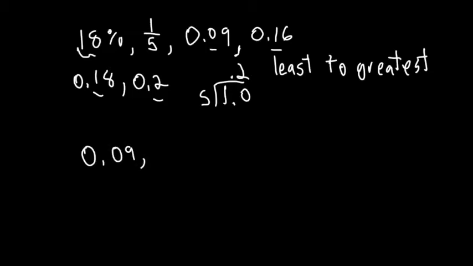Next I look. I have 2 numbers with 1, so I got to look at the next digit. So I have a 6 and I have an 8. 6 is less than 8, so 16 hundredths comes next. And then the 18 hundredths. But when you write this, you want to write it how it was originally written. So that would be the 18%. And then the greatest one there would be the 1/5.